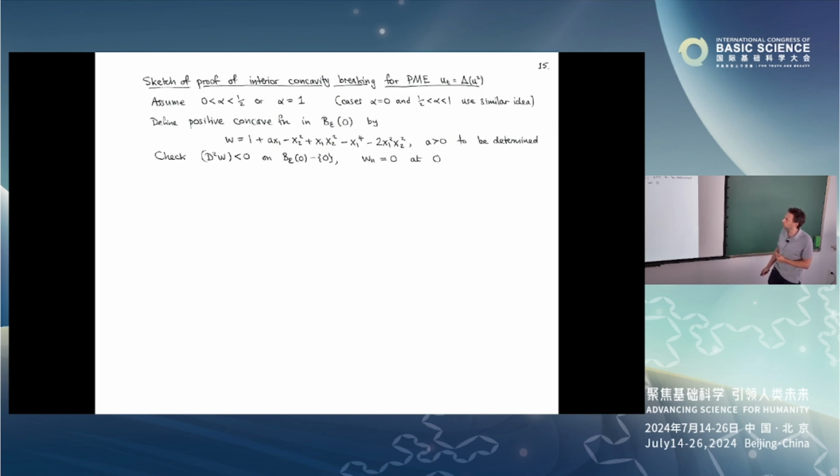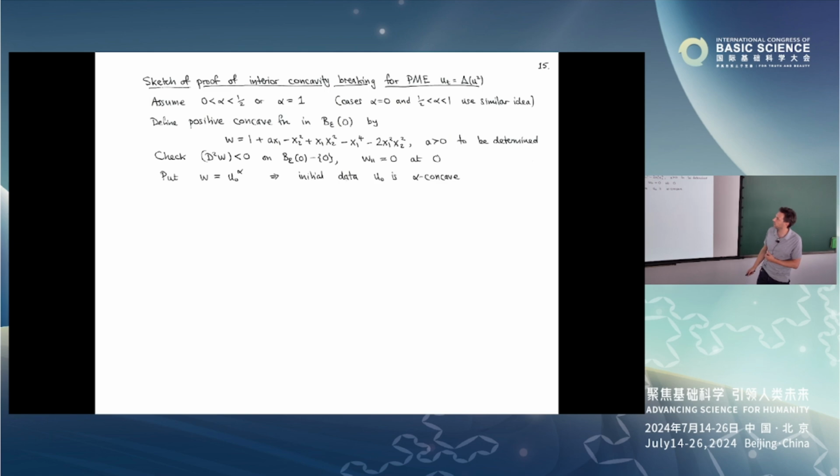On the other hand, w11, you can see you just get two terms here, but they both vanish at x1 and x2 equals 0. So w11 is 0, and so you don't get strict negativity of the Hessian at the origin. And then you define w equals u0 to the alpha, and u0 is going to be my initial data for the porous medium equation. So what I'm saying is that u0 to the alpha is then going to be concave. So my initial data u0 is alpha concave.